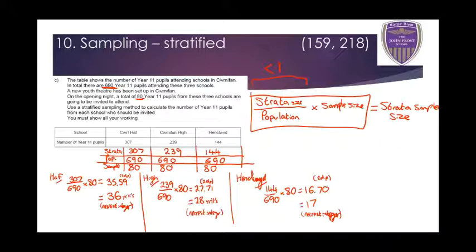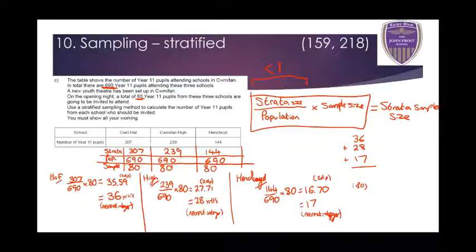Just to double check, we are looking to make sure that these numbers add up to 80. So 36 plus 28 plus 17. Even without adding them, you should notice that this will not add up to 80 because we've got two evens and an odd number in there.